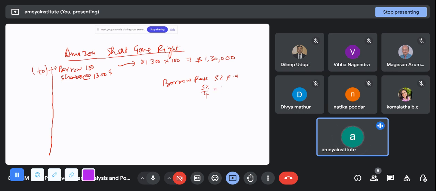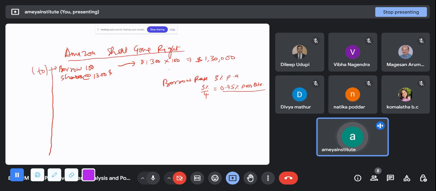Every quarter, how much interest do I have to pay? 3 divided by 4 is 0.75% per quarter, right? Is it clear? Why did we convert to per quarter?